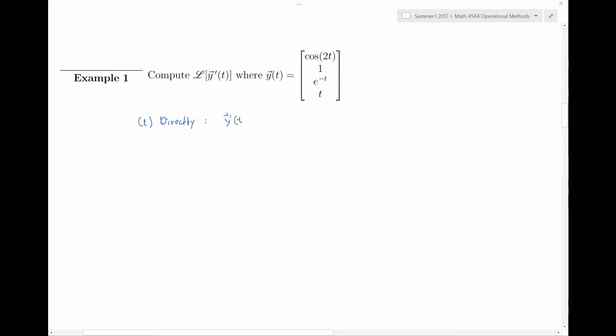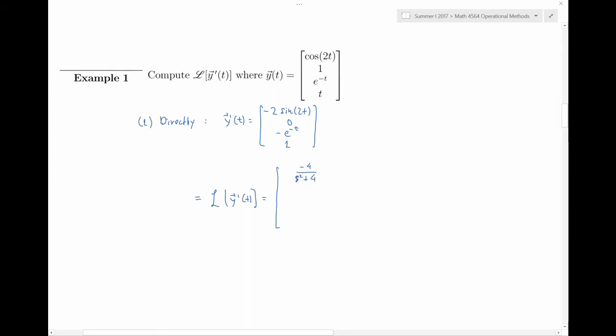So the vector y prime of t is going to be the vector of minus 2 sine of 2t, 0, minus e to the minus t, and 1. And therefore the Laplace transform of y prime is going to be: the Laplace transform of sine is 2 over s squared plus 4, multiplied by negative 2 gives us negative 4 over s squared plus 4.